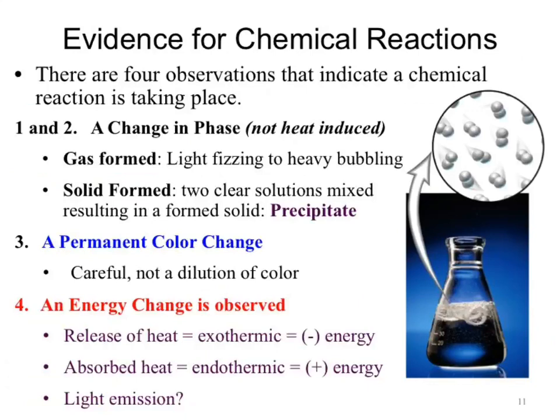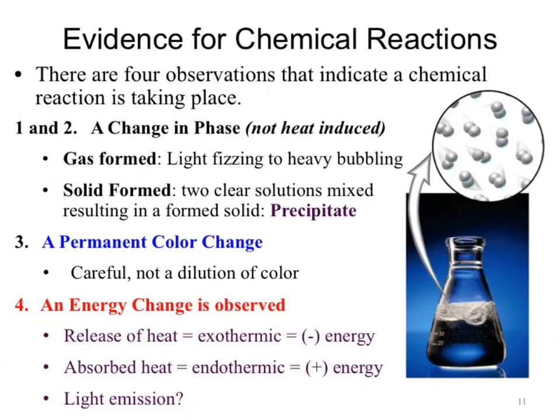Yes? What if the mixing of the chemicals is an exothermic reaction that then causes a phase change? If it is an exothermic reaction, we would move to number 4. An energy change is observed. So when we mix the chemicals and the temperature changes on its own, where did that energy come from? The molecules changing the arrangement of the atoms, releasing that energy. Okay?